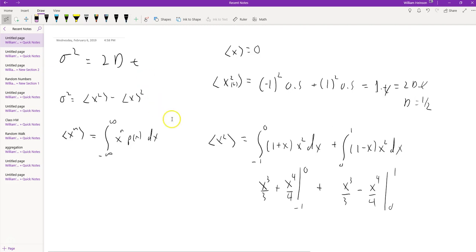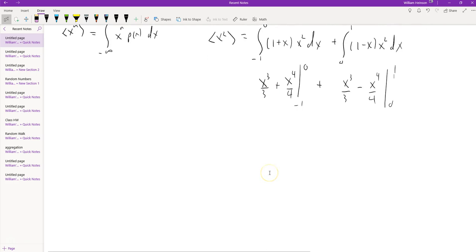Okay, let's move this down. Let's come over here. We have 0 minus, plugging in -1, that makes it minus 1/3 plus 1/4. Plus, plugging in 1, that's 1/3 minus 1/4, and then 0.